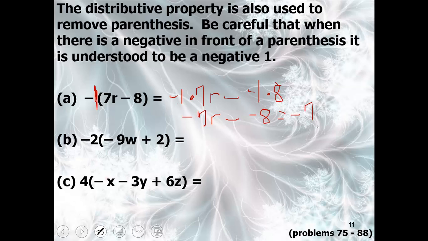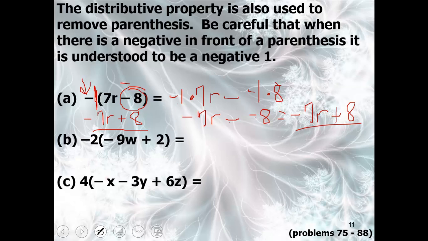So this is -7r, and then I have minus a negative. So I'm going to add the opposite, plus 8, okay? Those of you that had me before, I've said this is a sign flipper. So it changes the sign of the 7r, it becomes -7r, and it changes the sign of -8 to become +8. See how we got the same answer both ways?